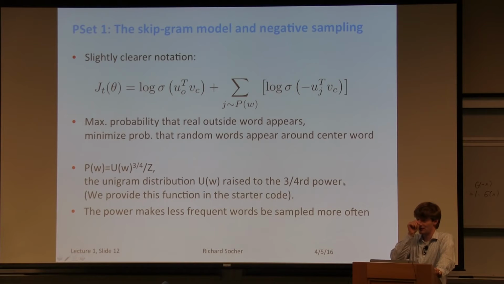We'll provide this function in the starter code, so don't worry. The power makes less frequent words be sampled slightly more often, but not as often as if it was completely uniform.